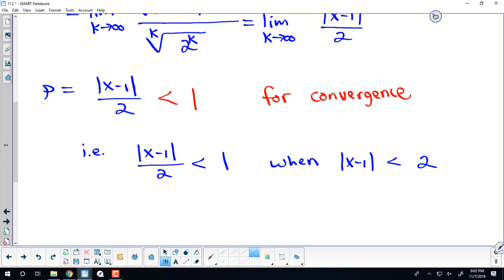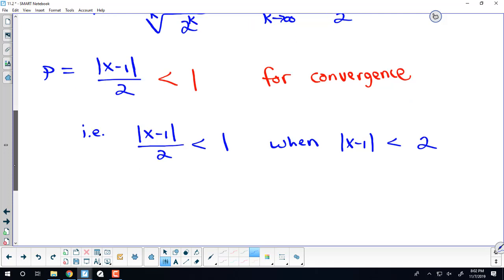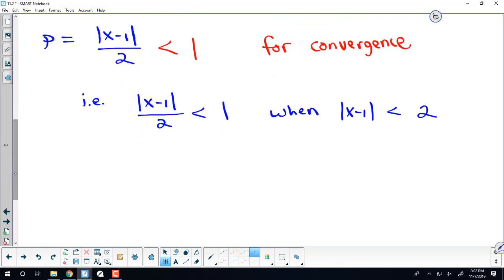Just multiply by 2. Now we're looking at the radius of convergence. The radius is 2. We'll go ahead and finish this here. And then we've got to get rid of the absolute value to come up with the interval. So that's when x minus 1 is less than 2, but larger than negative 2. Or when x is in between negative 1 and 3.